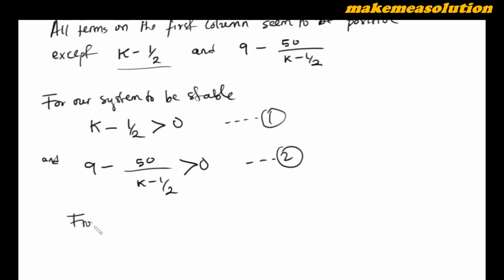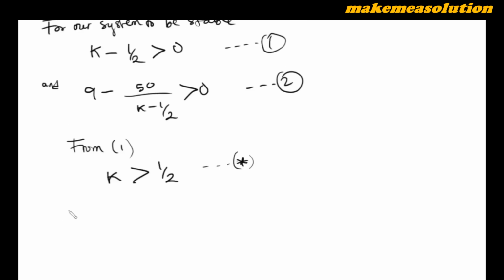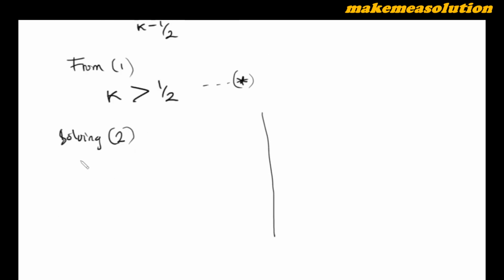So from equation 1, you have k is simply greater than 1/2 when you take 1/2 to the other side. So you keep this one somewhere. So from equation 1, we'll now go ahead and solve equation 2. So solving equation 2, we're going to have, of course, (9 - 50)/(k - 1/2) should also be greater than 0.